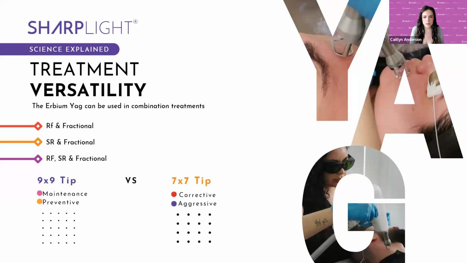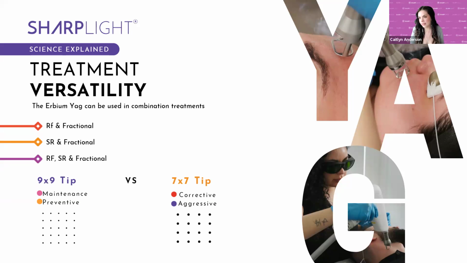So yeah, like I've been saying, you have treatment versatility with your fractional. You can do a radio frequency fractional treatment. If you're doing SR, you can add a fractional afterwards. If you're doing an RF and an SR, you can do fractional afterwards. Sharp Light is very well known for their stack treatments.